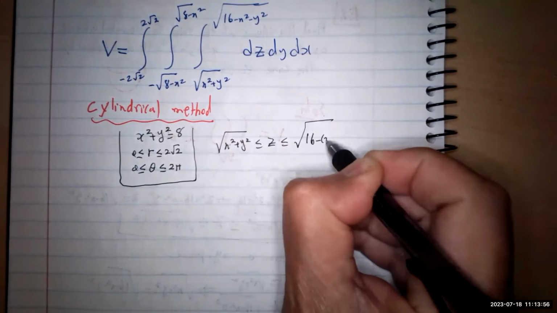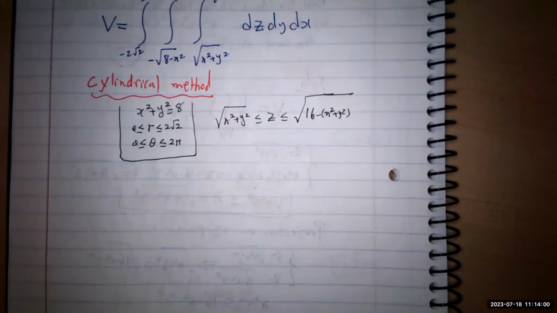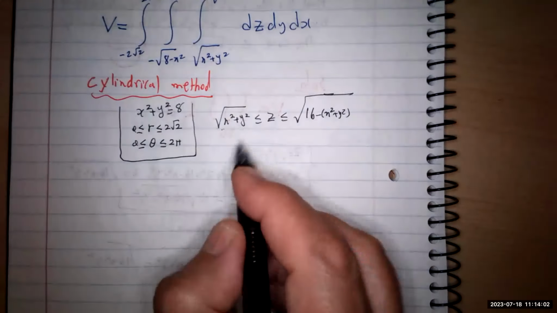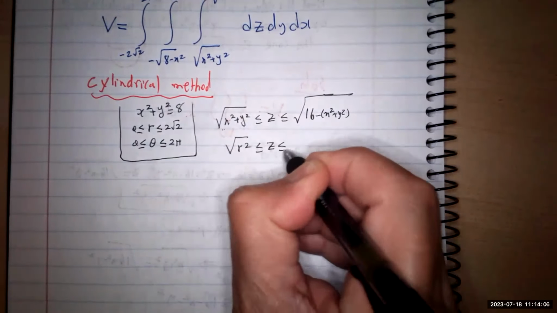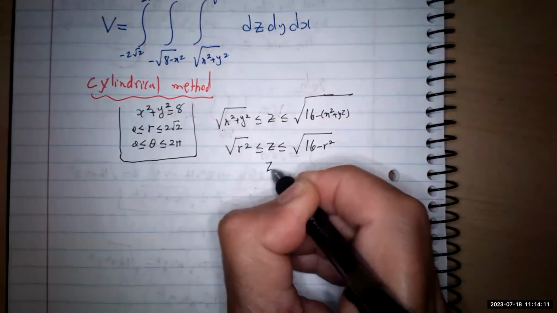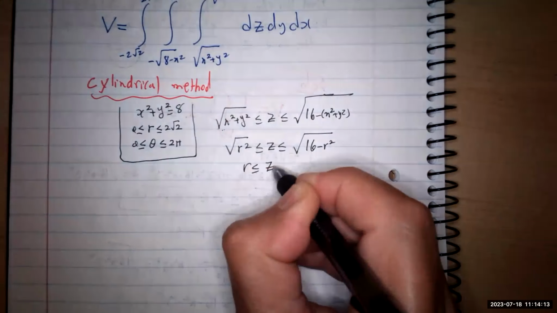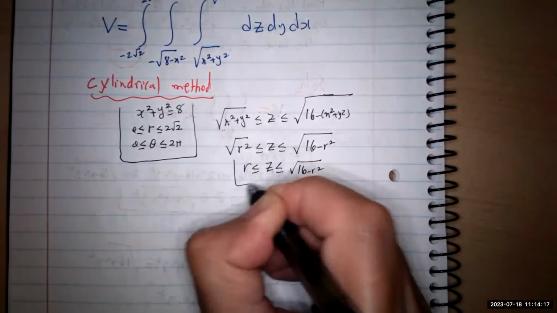You may write this as negative x squared plus y squared, and if you change it to the polar form, this is going to be radical r squared, and the other is 16 minus r squared. So your z is going to be between r and radical 16 minus r squared. That's it.